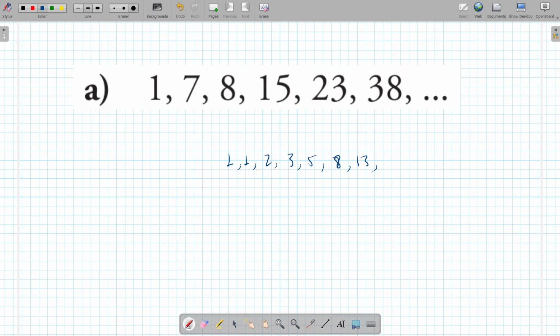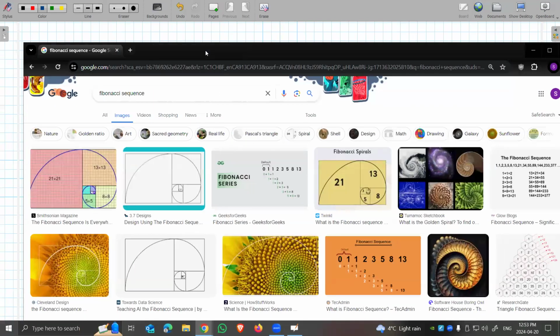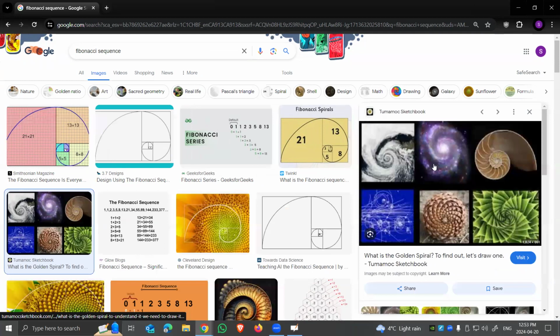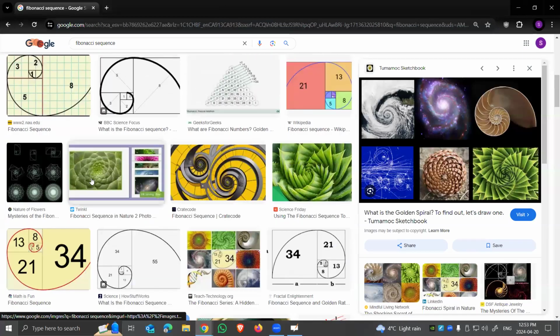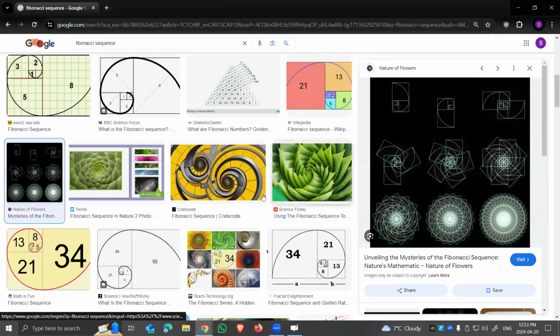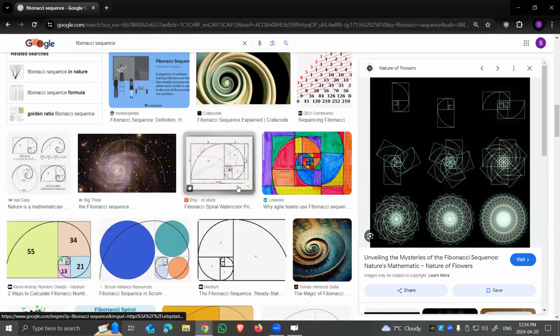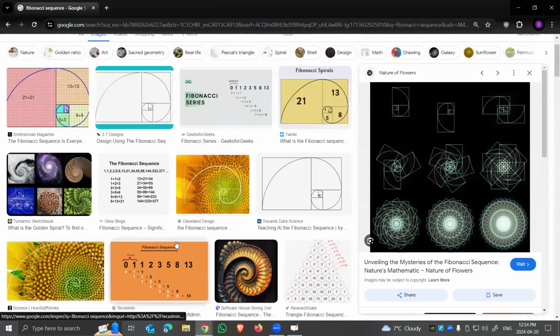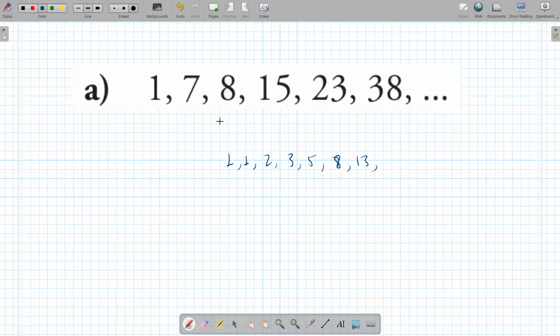It's because nature tends to follow the Fibonacci sequence. If you look at this sunflower shape, if you look at the galaxies, if you look at planet Earth, a lot of things are spherical because a lot of things in nature tend to follow this Fibonacci sequence. This is an example of that because Fibonacci sequence always starts with 1, 1.